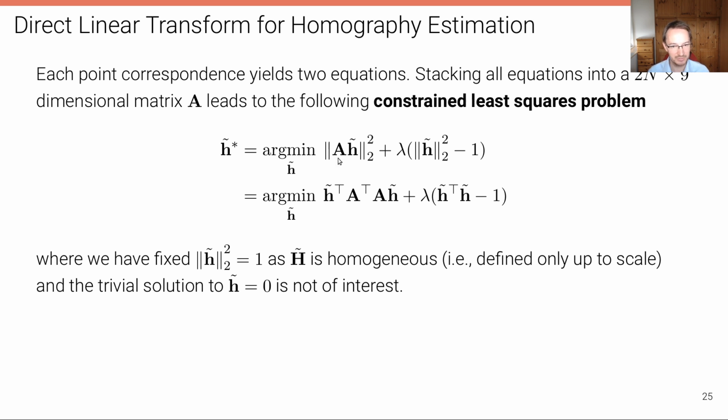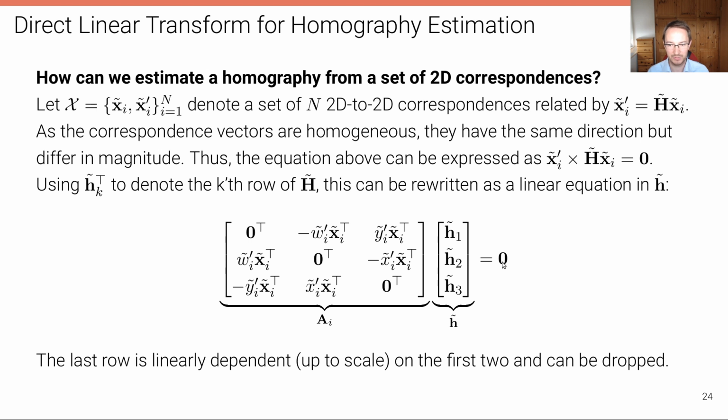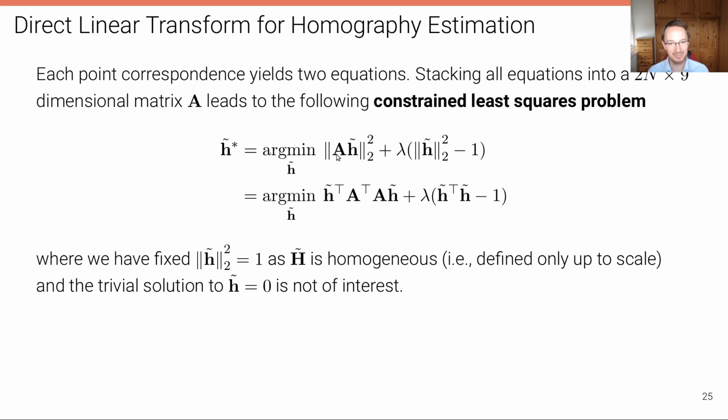And this expression simply says, well, because we want this to be 0, we want the squared error of A H tilde to become as small as possible. So this is the L2 norm here. And we want, at the same time, we've introduced a constraint that fixes the norm of H tilde to 1, as the H matrix that we try to determine is homogeneous.